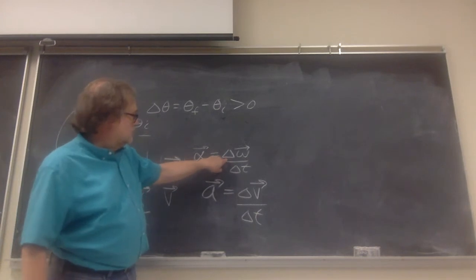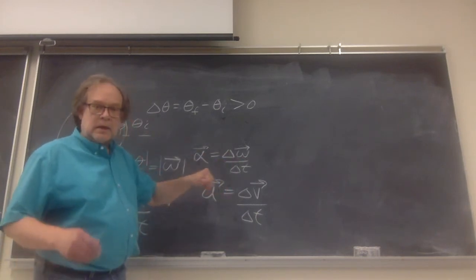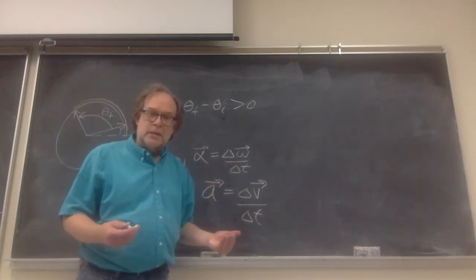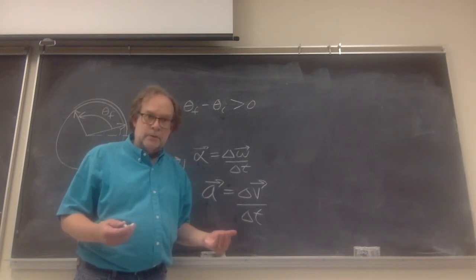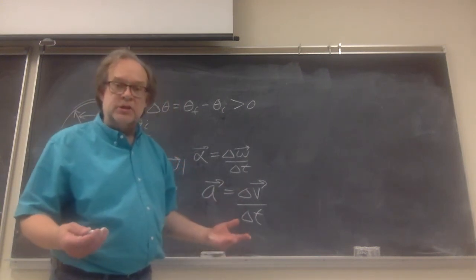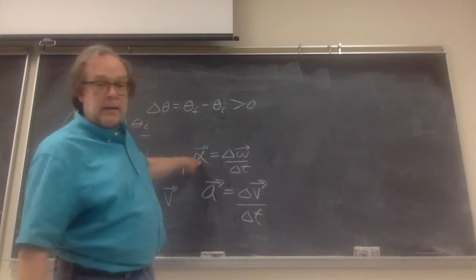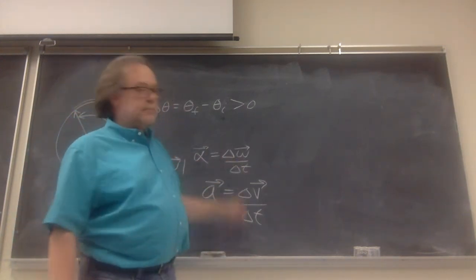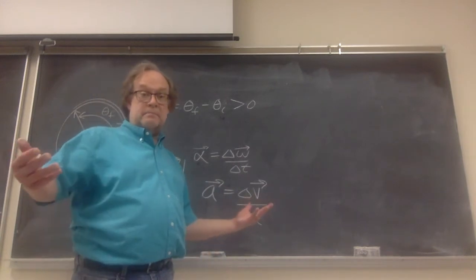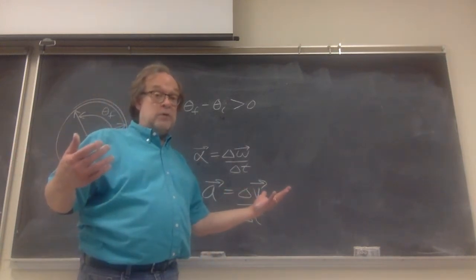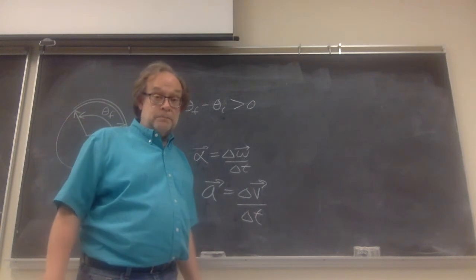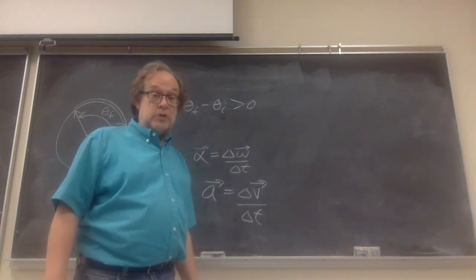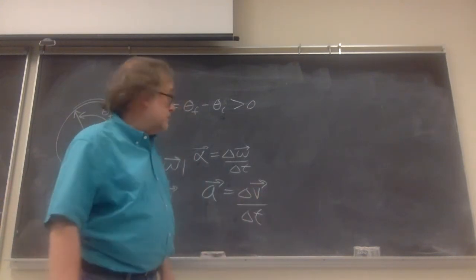We want to think of delta omega as extra angular velocity added on in order to make angular velocity change, because after all, angular acceleration measures the change in angular velocity. Like I said, this stuff is very, very similar to the way we've already been talking about velocities and accelerations.